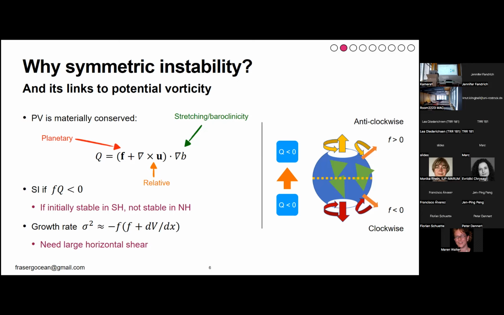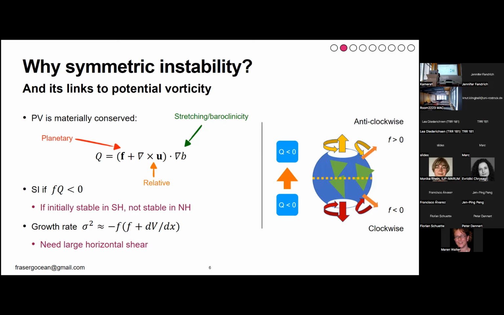And symmetric instability is really closely linked to potential vorticity. Symmetric instability occurs if planetary vorticity and potential vorticity have opposite signs. So if we imagine starting off from the southern hemisphere, here planetary vorticity is negative. So to be stable to symmetric instability, our potential vorticity must also be negative.